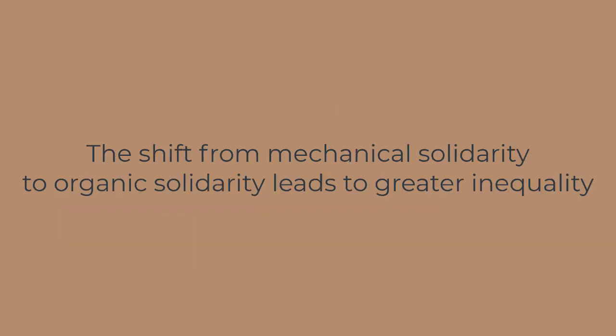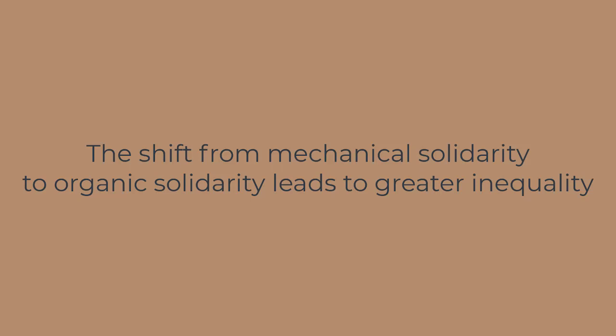Mechanical solidarity is low-tech and has a lot of equality between people. There's not that much difference between the poorest person and the richest person. However, in an organic solidarity, because there's so much specialization and differentiation of people using all kinds of different technology to different aims, there's going to be, because there are different roles, some of them are going to get rewarded more than others, and you have the emergence of inequality, where some people end up doing very well and other people end up having trouble.